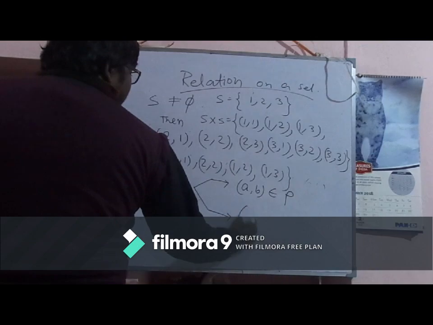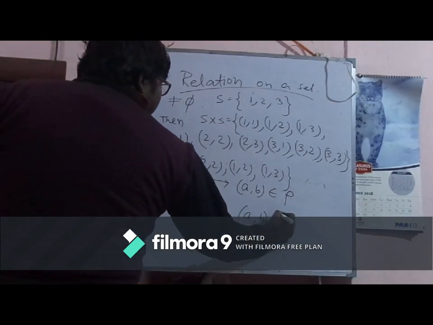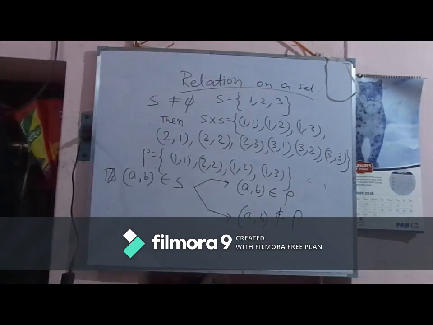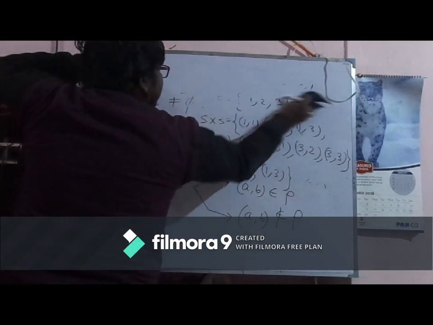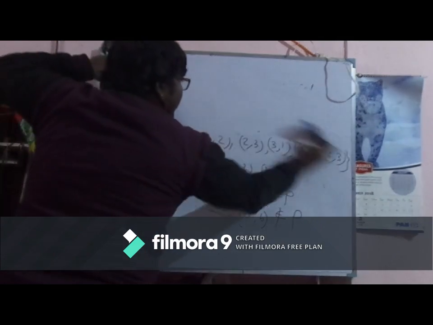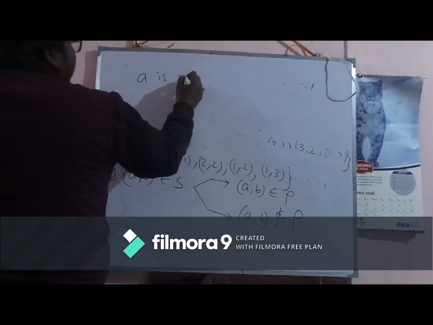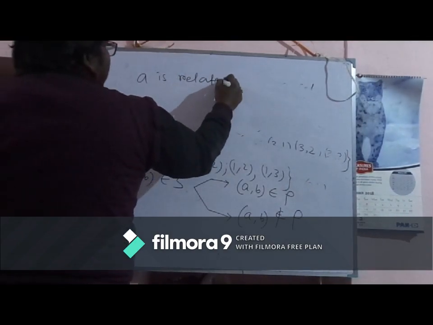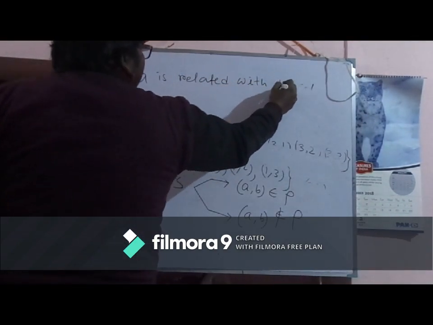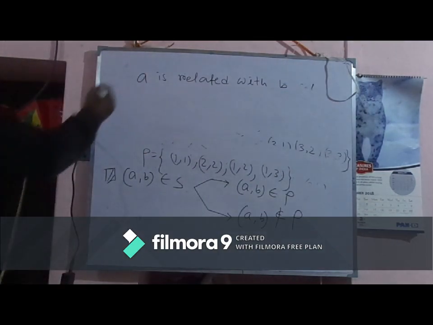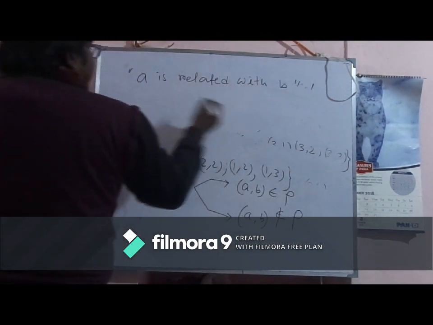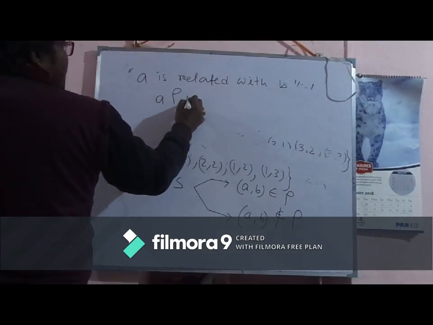Case 2, (a, b) does not belong to rho. In the first case, we say that a is related with b, and in the second case, we say that a is not related with b. A is related with b if (a, b) belongs to rho, and symbolically we write a rho b.